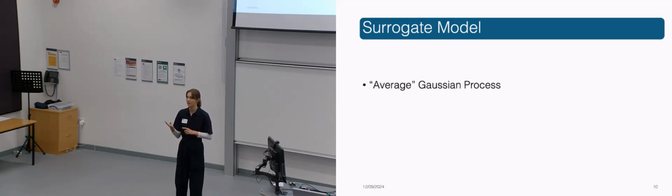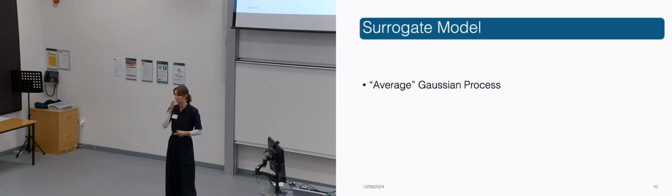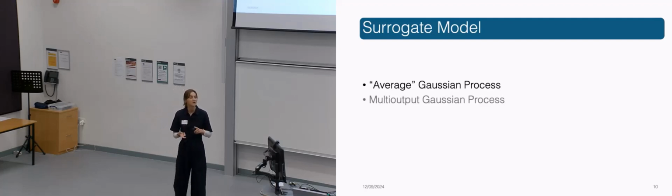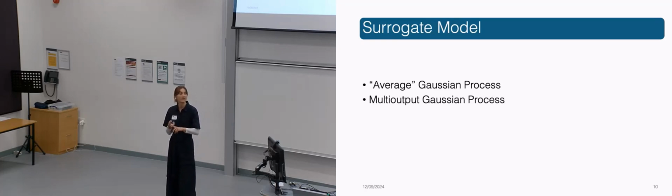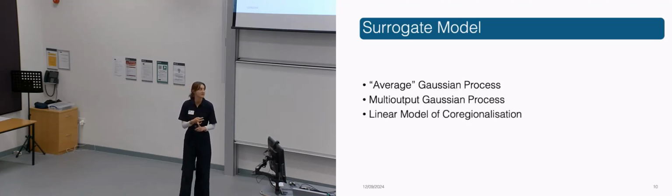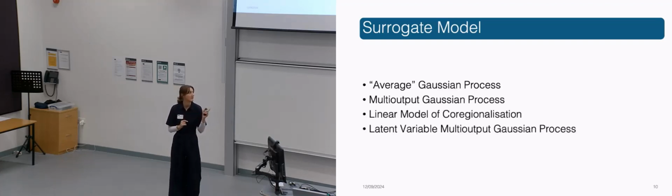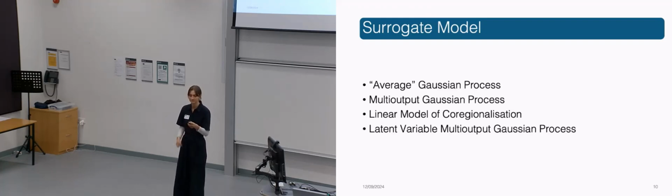So the 4 models we consider, going from probably most basic to most complicated: we start with this average Gaussian process, then the multi-output Gaussian process, then the linear model of coregionalization, and then something called the latent variable multi-output GP. So I think at least the middle 2 were covered yesterday.